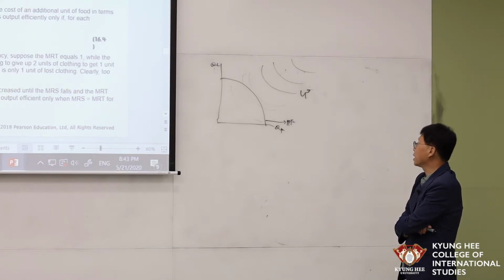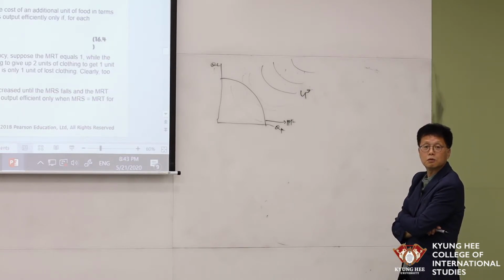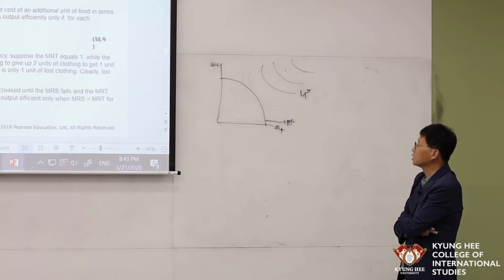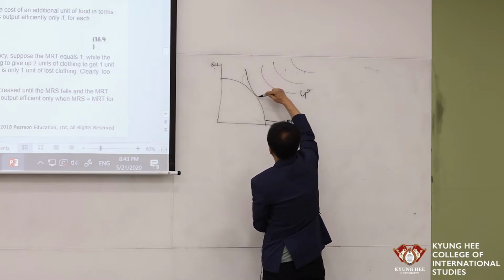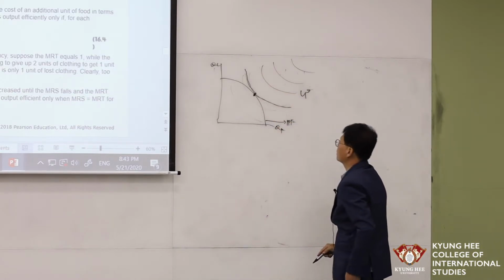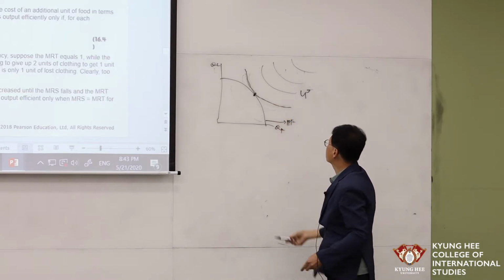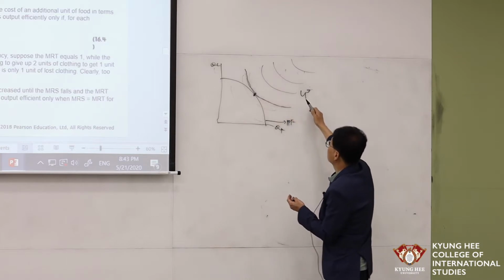Output efficiency sets the PPF tangent with the indifference curve of one individual or one country, right? For example, now think about this point. At this point, what happened? The production possibility frontier is tangent with this one.